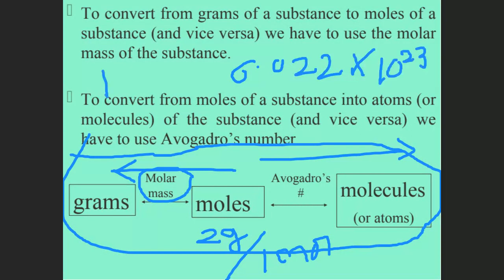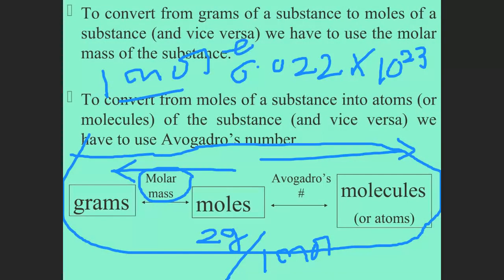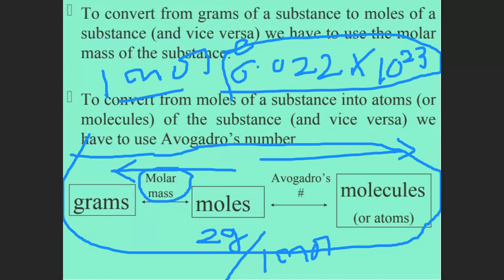This is for 1 mole. So if I ask you for 5 moles, 7 moles, 0.5 moles, you can just do normal mathematics, correct? So that's why we need this number. This is like a standard value when we did the measurement. So we need this number for conversion of moles to molecules or atoms.